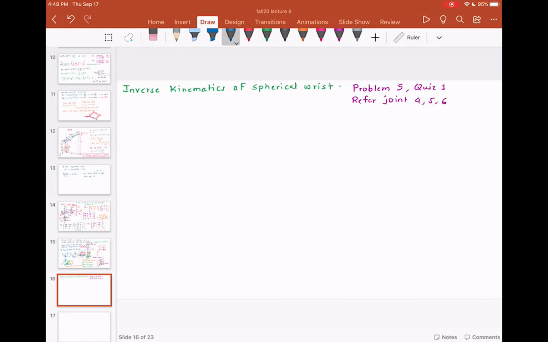So let me draw the joints in the configuration that we are familiar with. This is my first joint. Then I'm going to have a second joint, and then a third joint.